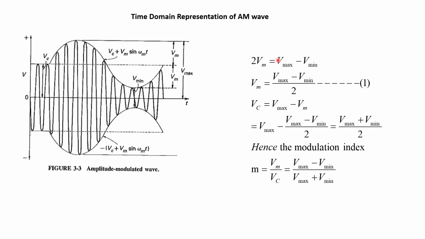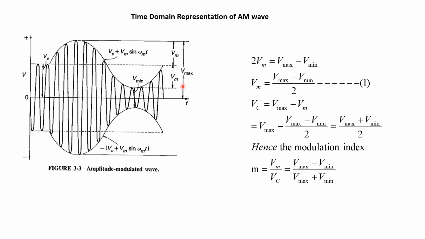From the figure we can see that V maximum minus V minimum is equal to 2 times Vm. What is Vm? Vm is the amplitude of the modulating signal.